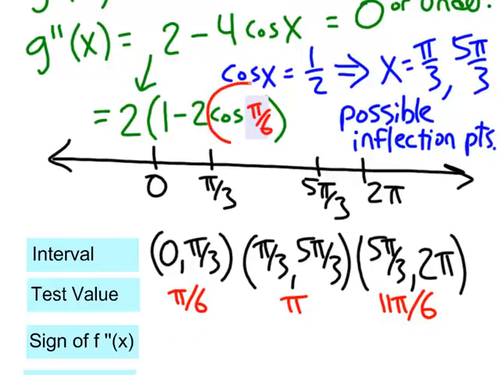I know that the cosine of pi over 6 is going to be root 3 over 2. So when I take root 3 over 2 and multiply it times 2, all of this is going to be equal to root 3. And we know that root 3 is about 1.7 something.